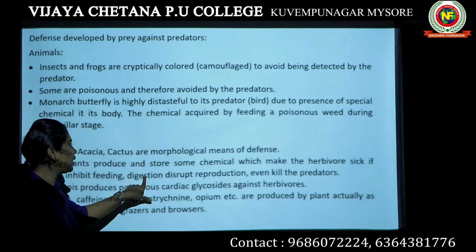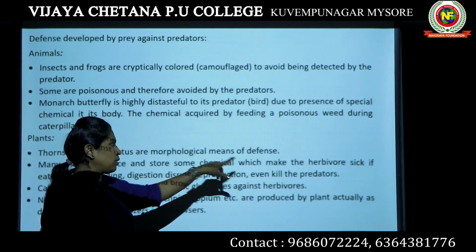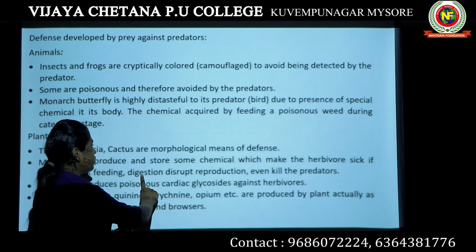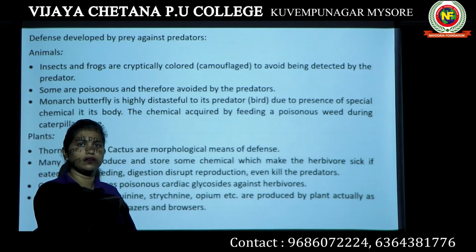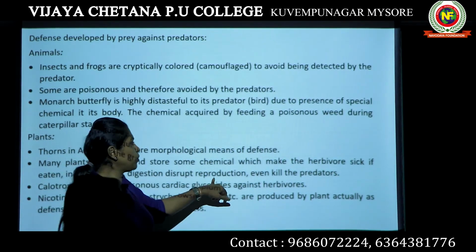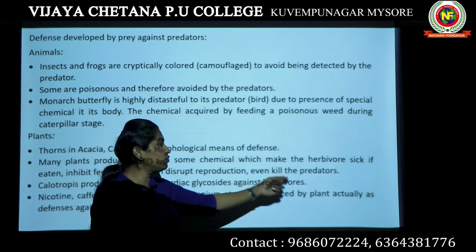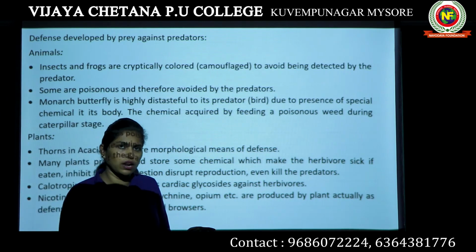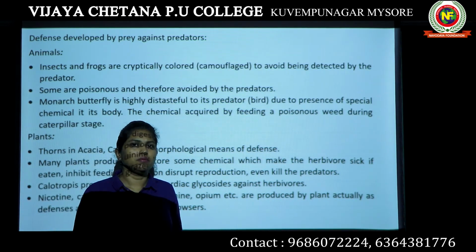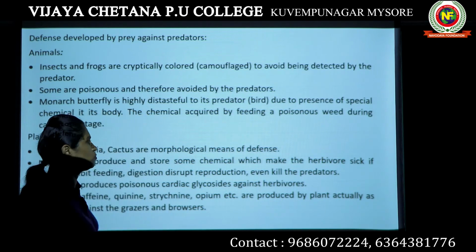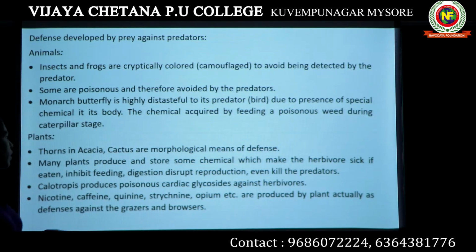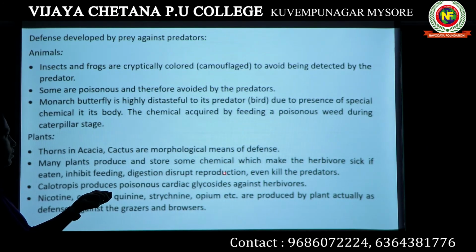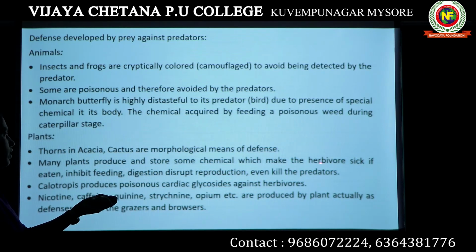Digestion will be disrupted, as the chemical will destroy their digestive system. Reproduction will be harmed, or it might even kill the herbivores. Because of the chemicals the plants store in their body, they can inhibit feeding, disrupt the digestive system, or affect the reproduction process of the herbivores.